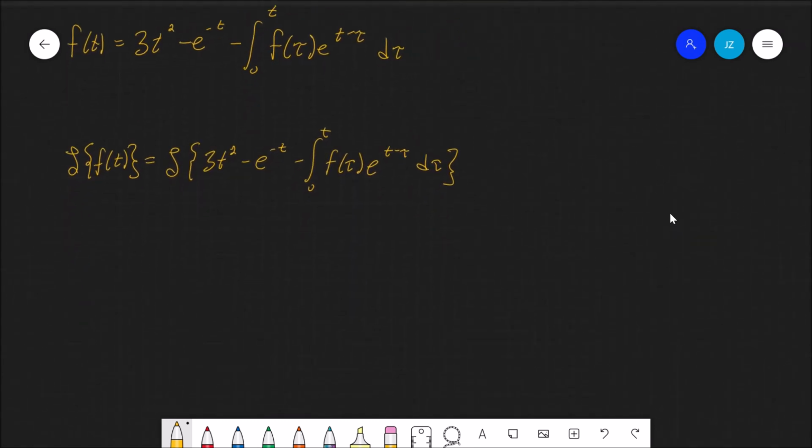Now, using the linearity of the Laplace transform and the definition of convolution, we can write big F of s is equal to 3 times the Laplace transform of t squared minus the Laplace transform of e to the minus t minus the Laplace transform of f star e to the t.